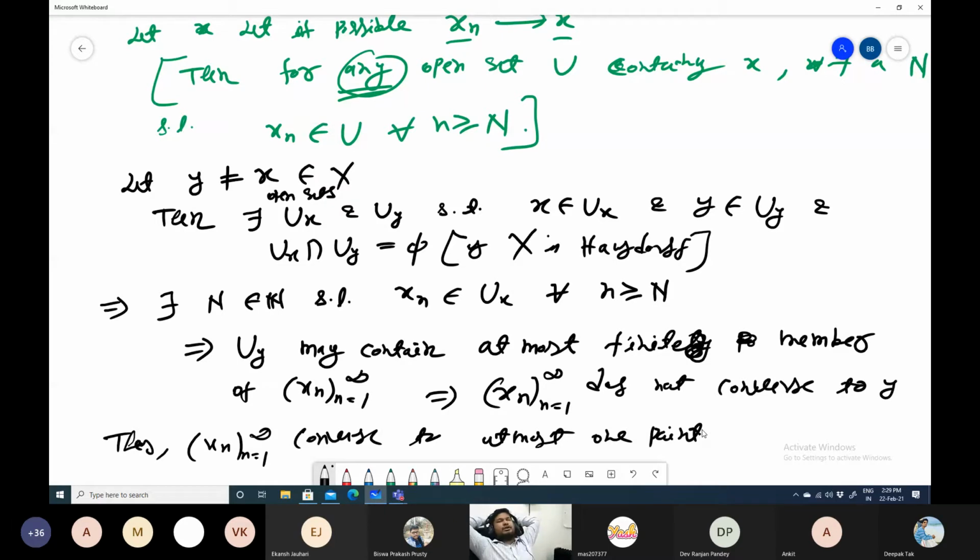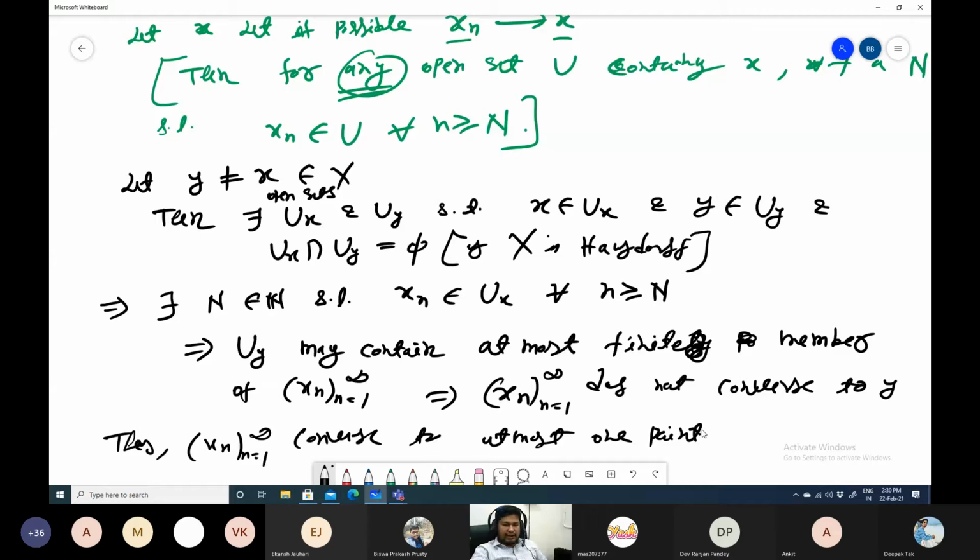So we first assume that Xn converges to X. Now we assume that Y is any other point. Since X and Y are different and X is Hausdorff, there exist two open sets Ux and Uy such that their intersection is empty, Ux contains X and Uy contains Y. Since Xn converges to X and Ux is an open set containing X, there exists a natural number n such that all the elements after some stage belong to Ux.